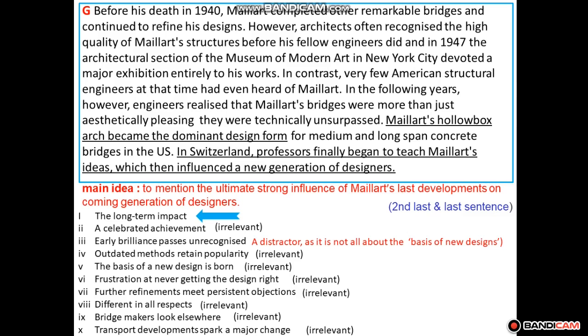Okay. So that was everything about matching the headings with the paragraphs, and the best strategy, the authentic strategy. Even if you go through the online channels, the authentic IELTS experts, they will all agree. But still, it varies from student to student.